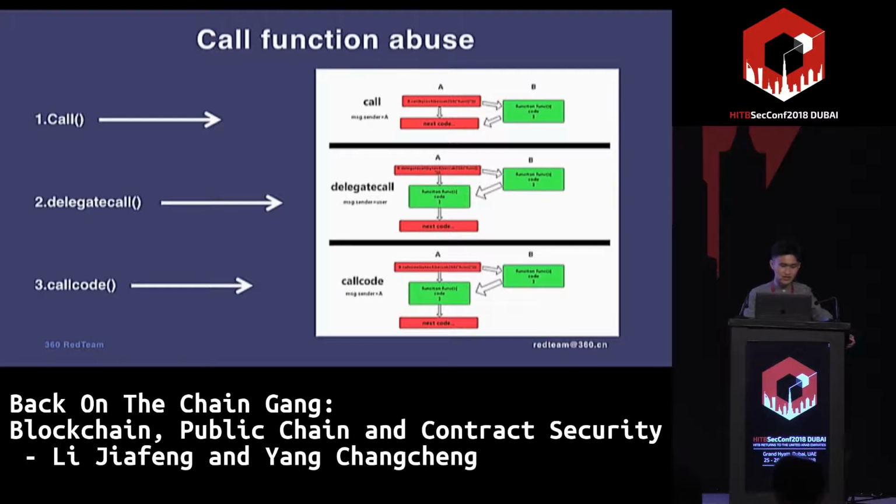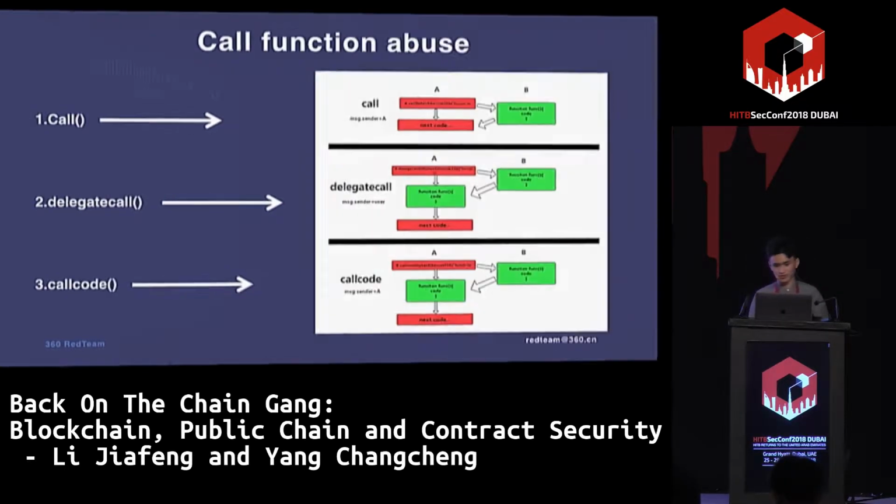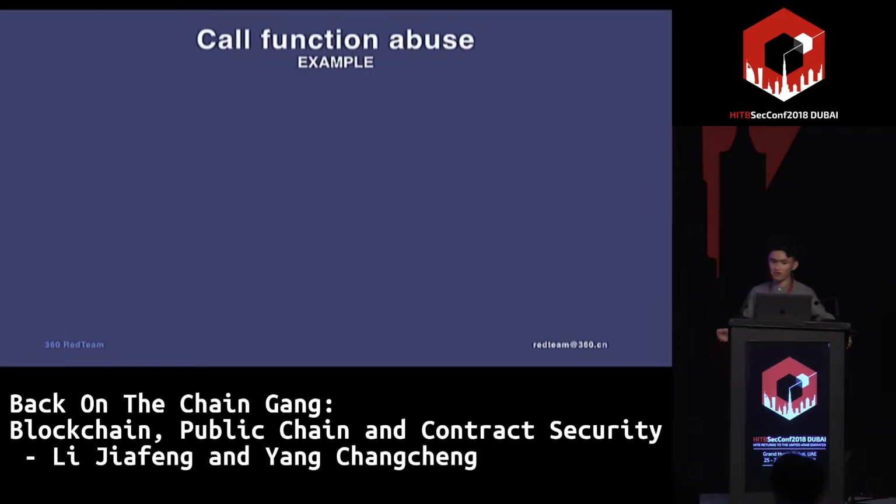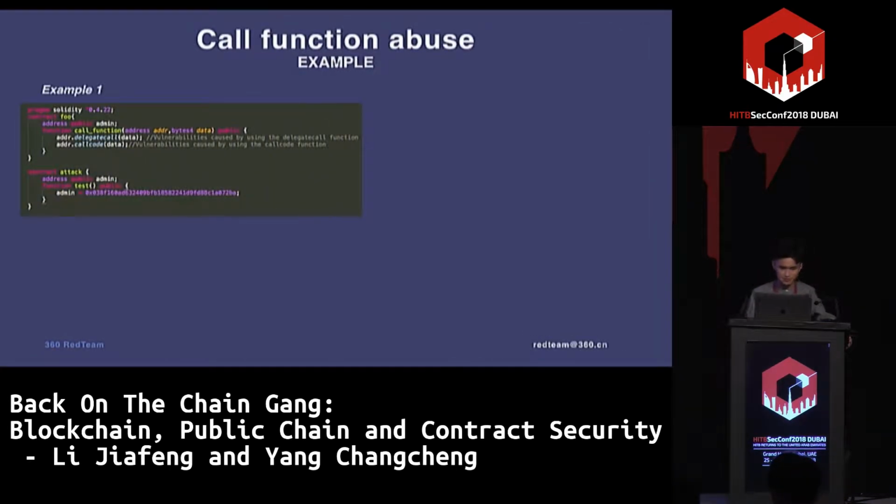The third is the callcode function. After this call, the variable msg.sender will be changed to caller A, and the execution environment will be changed to contract A. So this is the difference between call, delegatecall and callcode. So for call function abuse, we have an example.